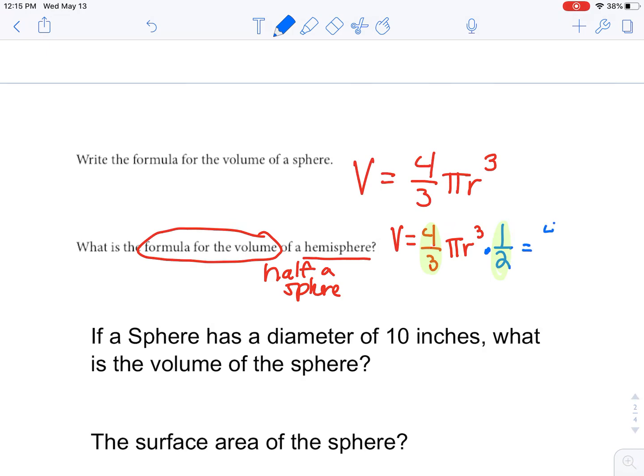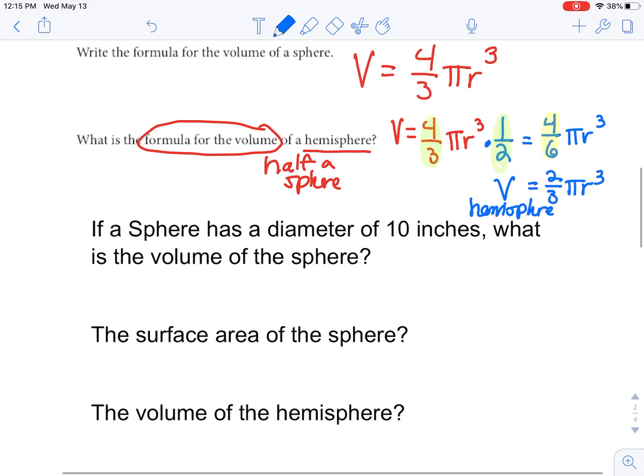Well, mathematically, if I multiply 4/3 by 1/2, I'm going to end up with 4/6 pi r cubed. And then if I reduce my fraction 4/6, I will end up with the formula of 2/3 pi r cubed for the volume of a hemisphere.